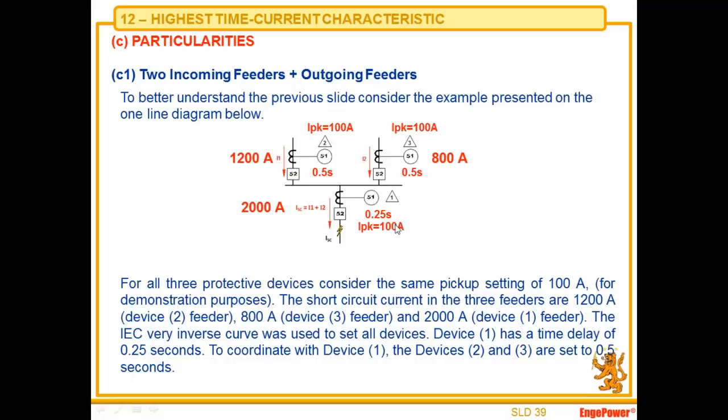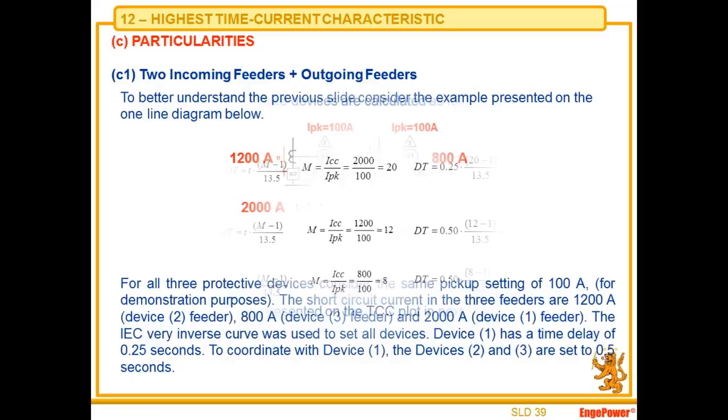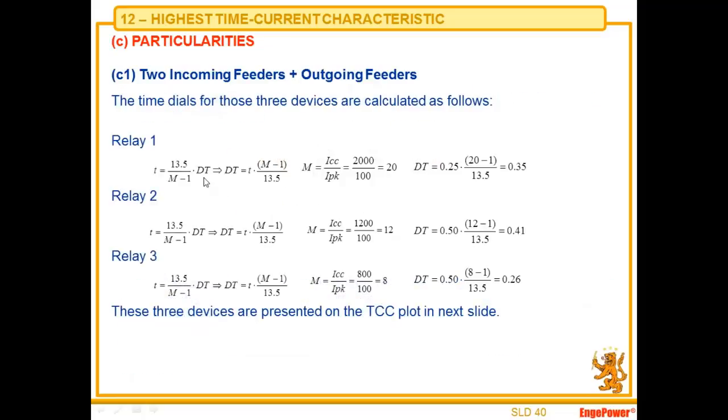Relay 1 was given a trip time of 250 milliseconds, and I have to coordinate these devices. I used here the IEC very inverse curve equation. That is this equation here.